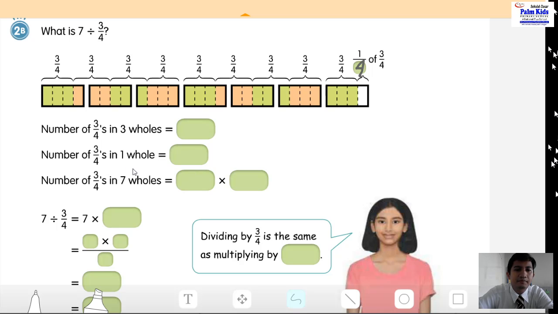So the number of 3 per 4s in 3 wholes equals, so if there are 3 wholes, how many 3/4? 1, 2, 3, 4. The number of 3/4 in 1 whole is 4 per 3.